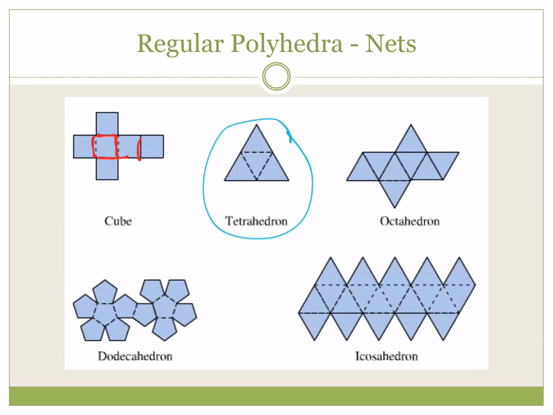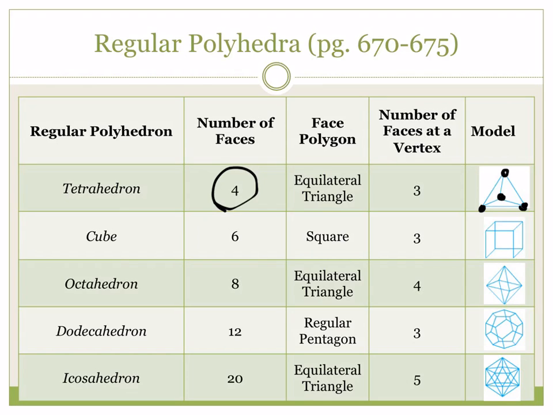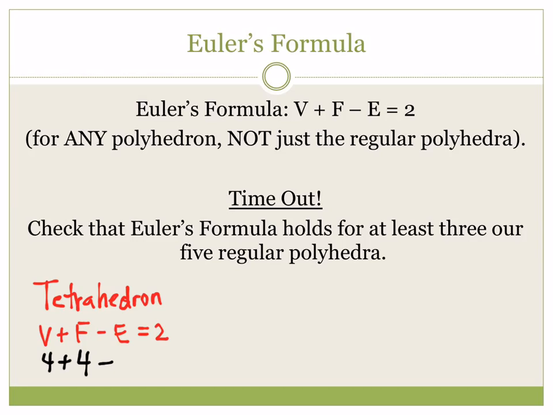How many edges are there? One, 2, 3, 4, 5, 6. There are 6. So if I take 4 plus 4, I get 8 minus 6 is, in fact, 2.